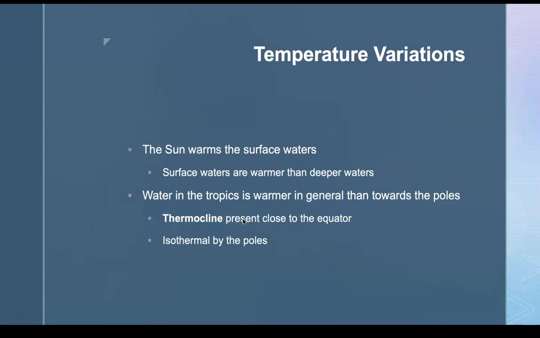Isothermal, iso means equal. Remember your isosceles triangle. It's just all cold when you get to a certain point. And water, of course, can only get so cold before it freezes. Salt changes that number. Salt water can get a good bit colder.